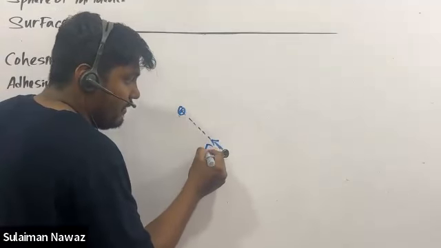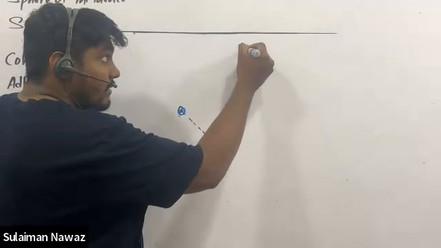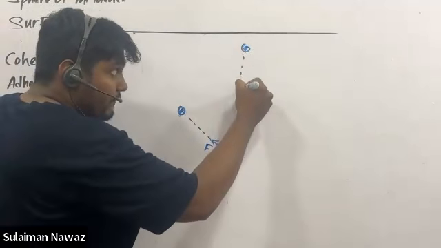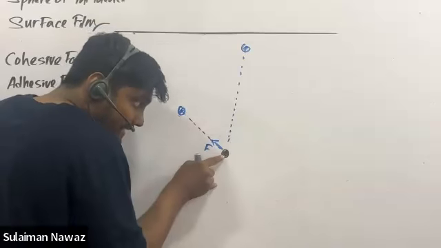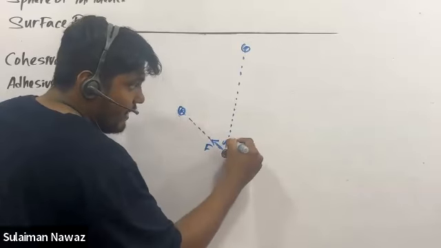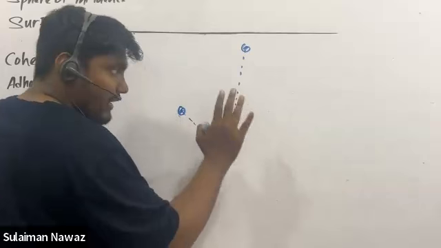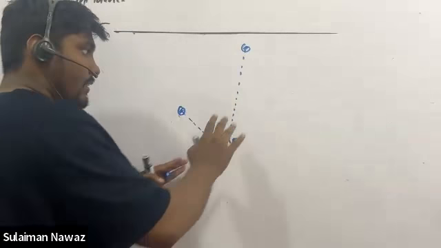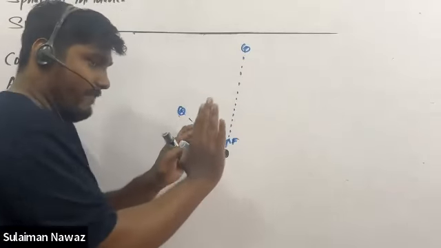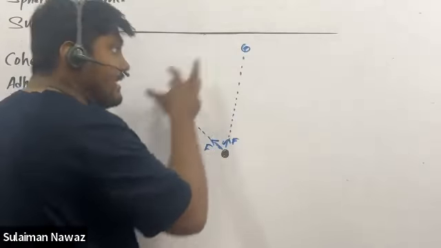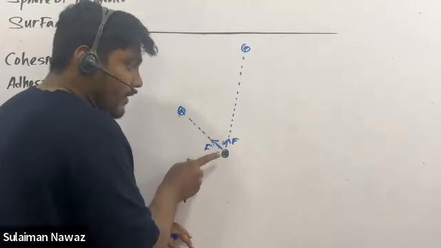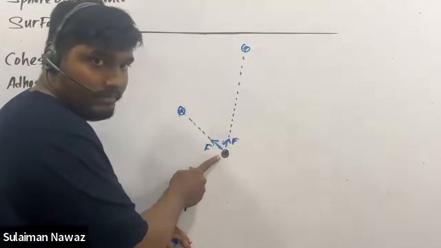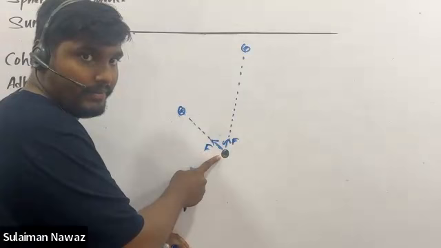A particle somewhere here will also produce intermolecular forces, attraction forces, on this considered liquid particle. So the rough understanding is all the liquid particles will produce attraction forces on this particular liquid particle, right?